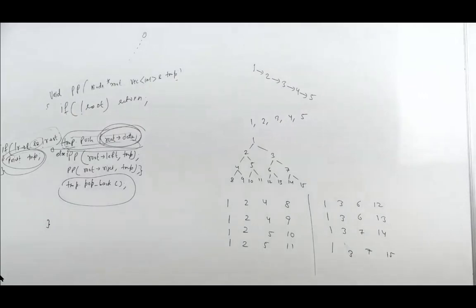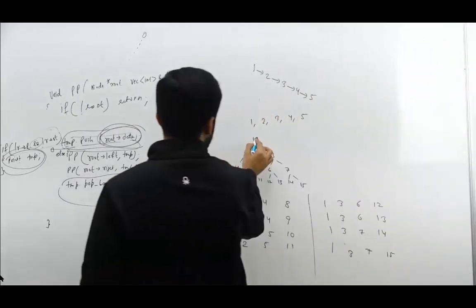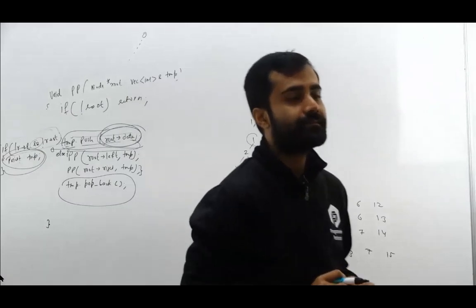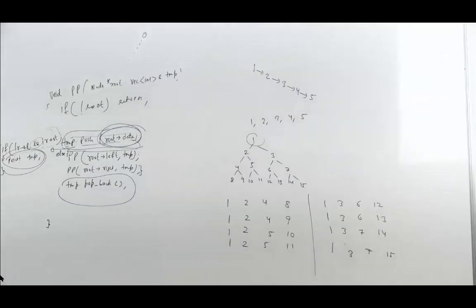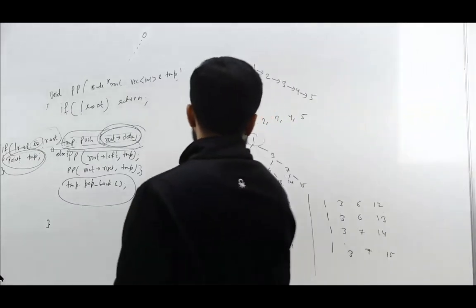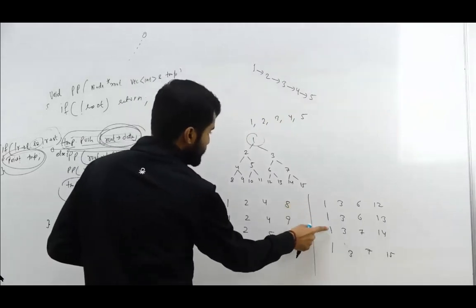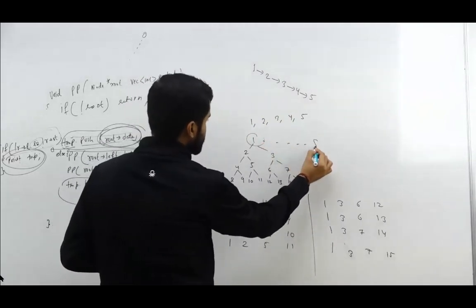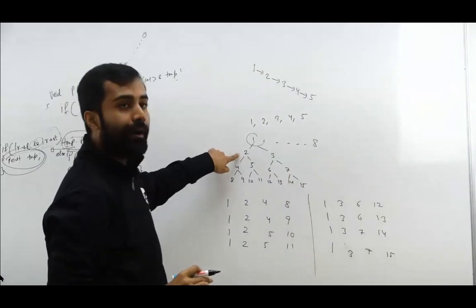Here also, can I say that each integer is printed only once? The answer is no. How many times did this 1 get printed? 8 times. How many times did 2 get printed?